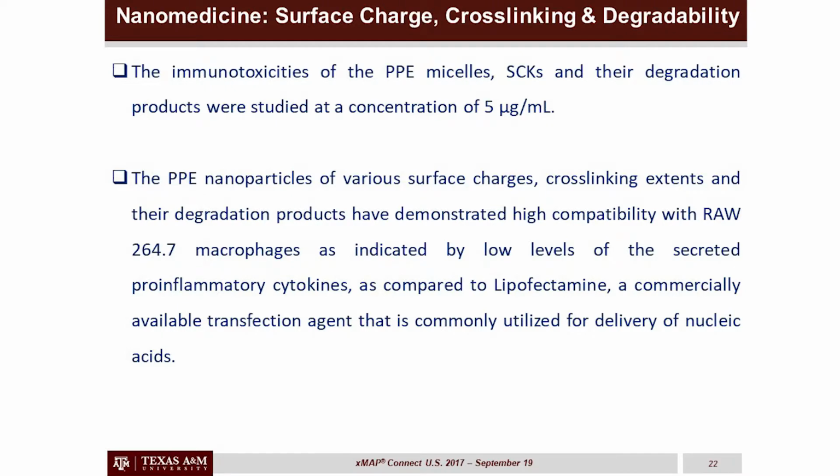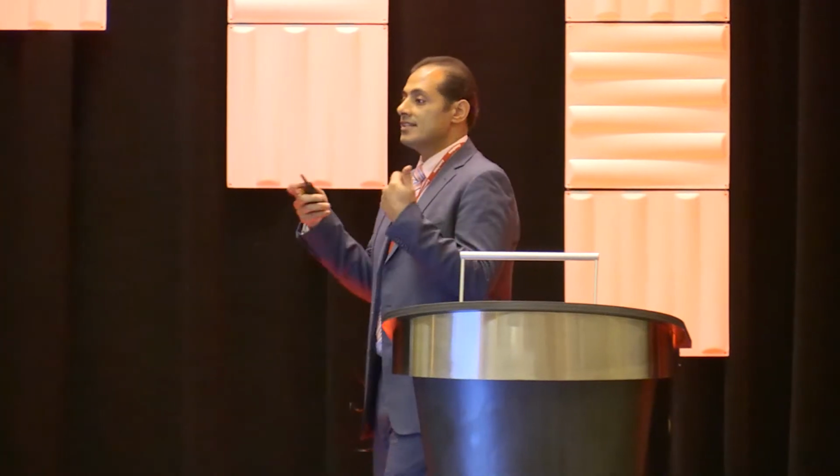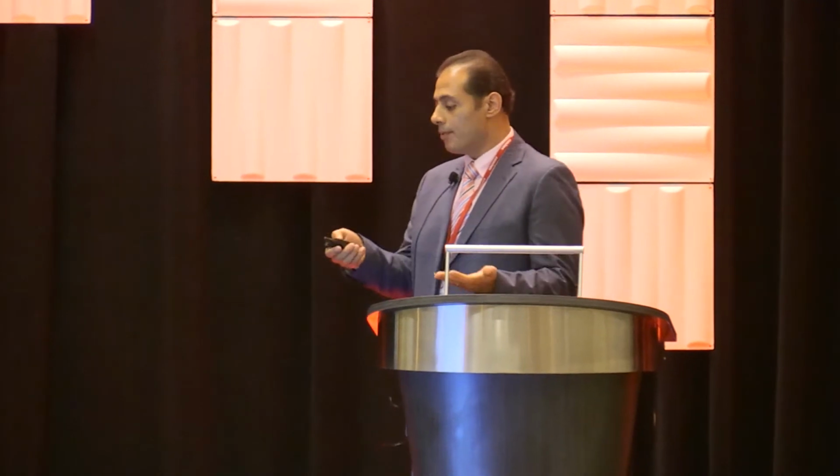Also, we examined the effect of cross-linking with mouse RAW macrophages. And when we initially performed this study, most of them induced low secretion of cytokines as compared to lipofectamine, which is a commercially available transfection reagent for delivery of nucleic acids.